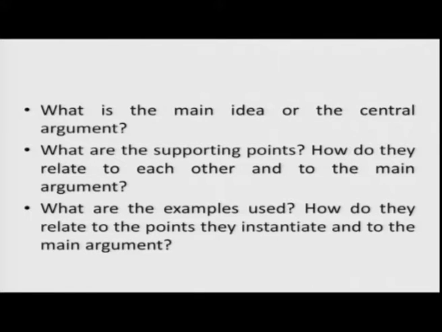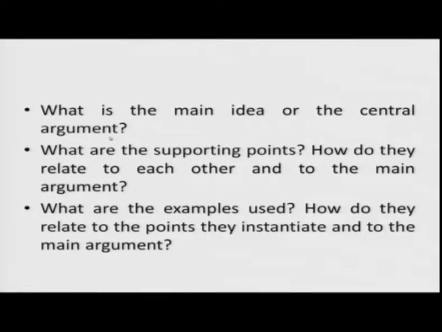If it is an argumentative text, say for example, should TV reality shows be banned? If the writer has presented an argument, what is the main argument in that text? That is what we first need to ask ourselves and try to find out.